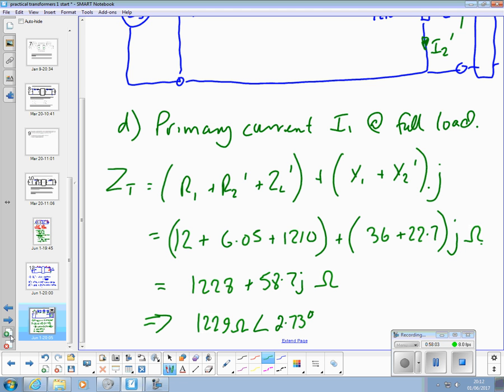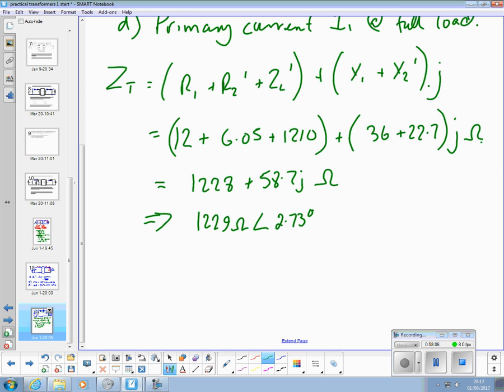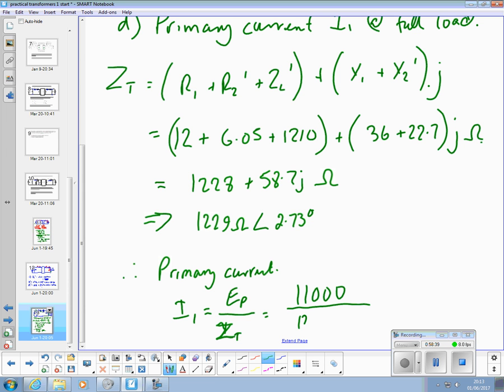All right. So now we can use that. Therefore, primary current I1 is equal to EP over ZT, 11,000 over that 1229 angle 2.73 degrees.